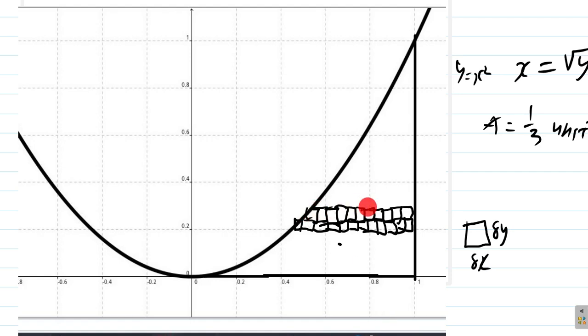But when you're going this way, you're going from x equals something to x equals 1. So you have to transpose the equation to say x equals square root of y, and then you go from y equals 0 to 1. Alright? So I'll see you in the next video.